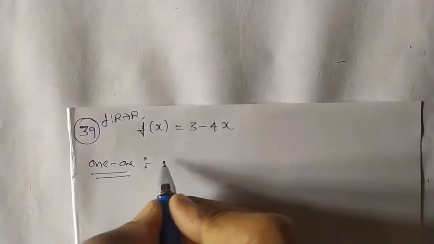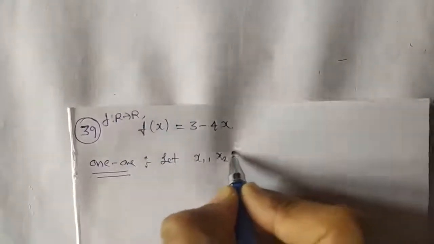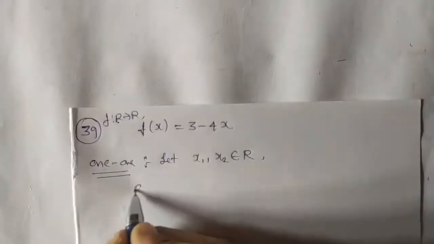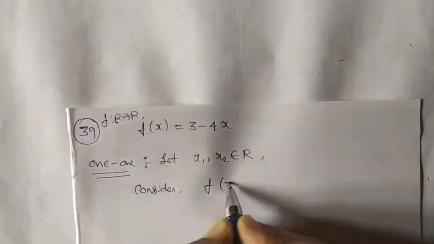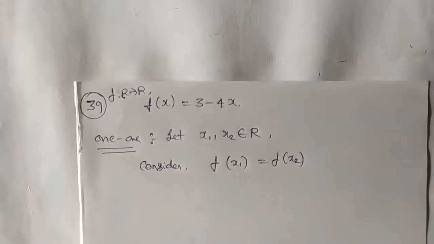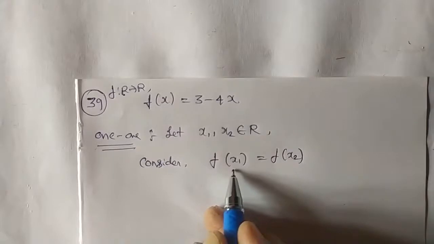Yes, we know that let x1 comma x2 belong to R, which is the domain. For this we have to consider f of x1 equals f of x2.